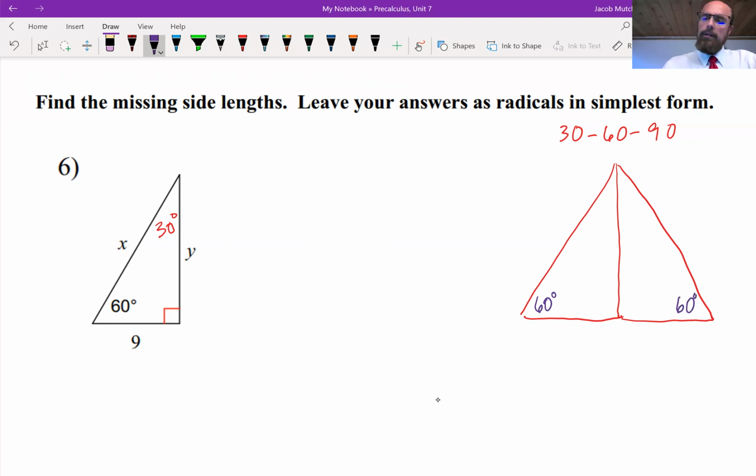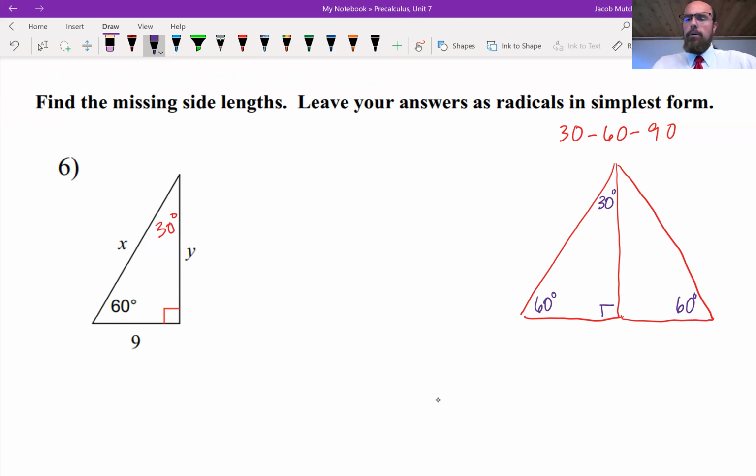Now, I'm going to split that equilateral triangle down the middle. And this is going to hit that lower side at a 90. And it's also going to bisect the 60-degree angle at the top of the equilateral. And so you can see where our 30, 60, 90 is really half of an equilateral triangle.